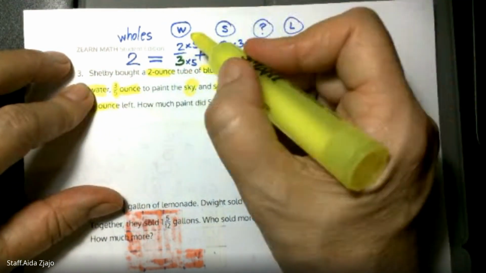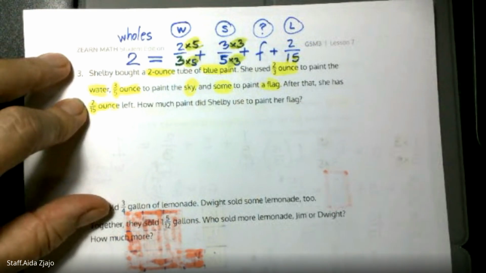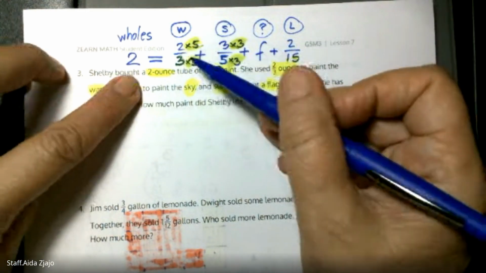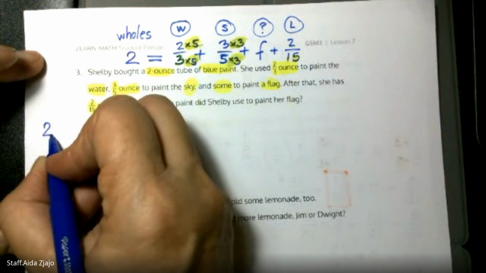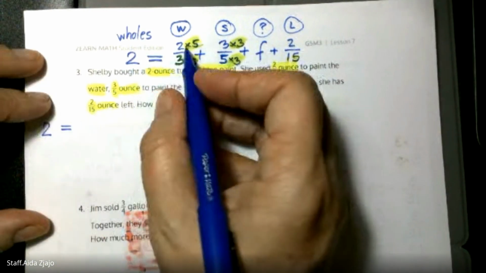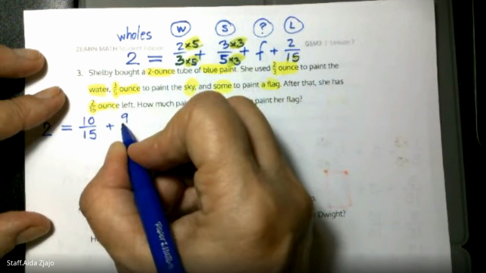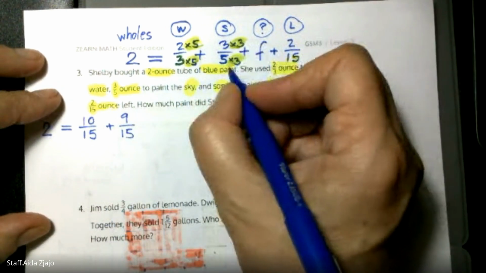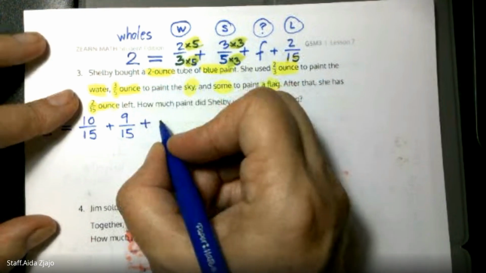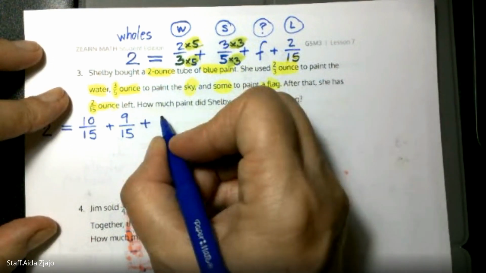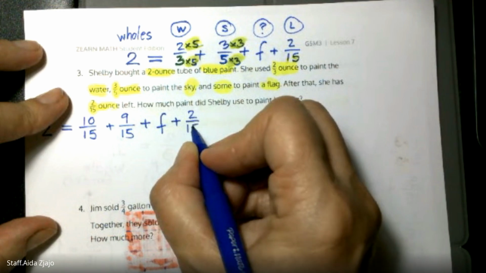When we know that, we can proceed with our understanding. So now this 2/3 will change. I'm going to rewrite the problem here. 2 wholes must equal 10/15 plus 9/15. 3 times 3 is 9, 5 times 3 is 15, plus the unknown part, which is for a flag, and plus 2/15.